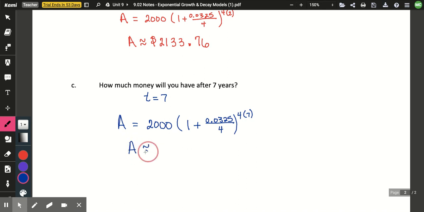And once again, you want to put this in your calculator and make sure that you're getting the correct answer there. So you make sure that you're using your calculator correctly. So that would give me $2,508.61. And one more time, you do need to round to 2 decimals because you need dollars and cents. Alrighty, now you try the next ones on the Google form.